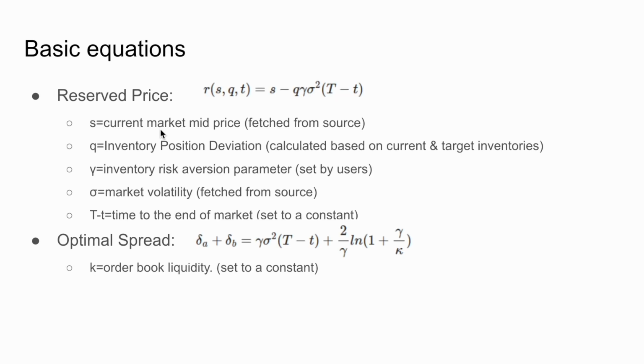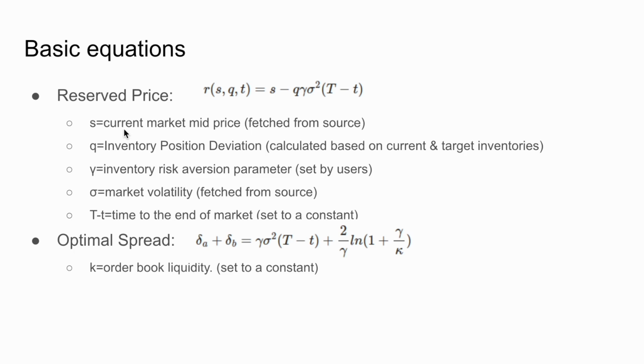In this AS model paper, there are two variables, the reserve price and the optimal spread, which are shown here. I will not read out these formulas, but I will make it clearer about the variables.